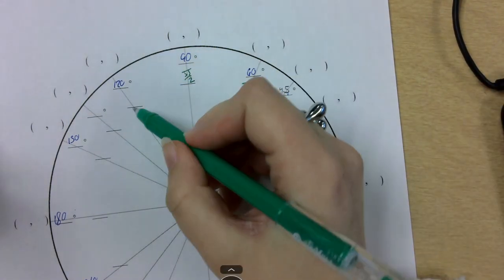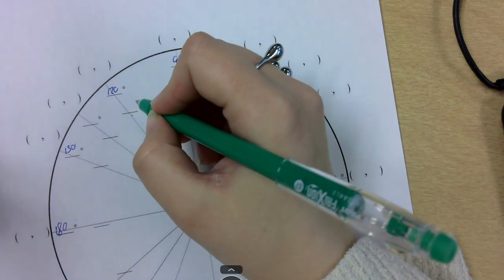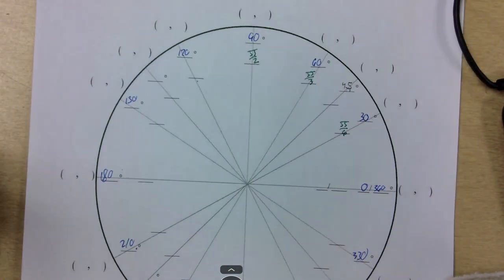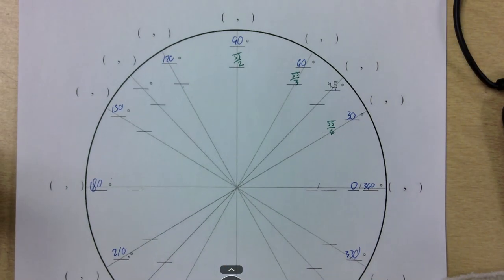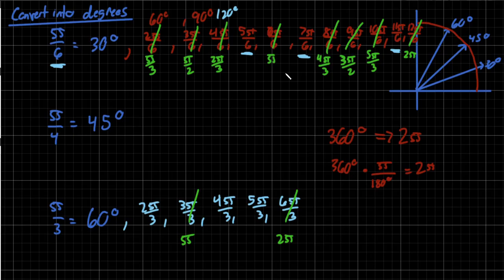Okay, going another 30 degrees. So no, going another pi 6. What's next? I go down here, I went pi 6 was 30 degrees, pi third was 60 degrees, pi halves was 90 degrees. Then our next one, yes, 2 pi thirds.